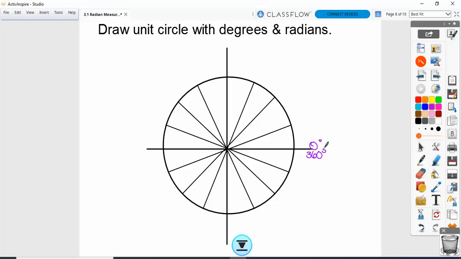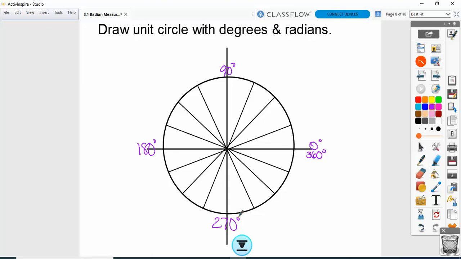What would the positive y-axis represent? 90 degrees. What about this line right here? Down here? These other lines are related to our hand trick. So think about the important angles.